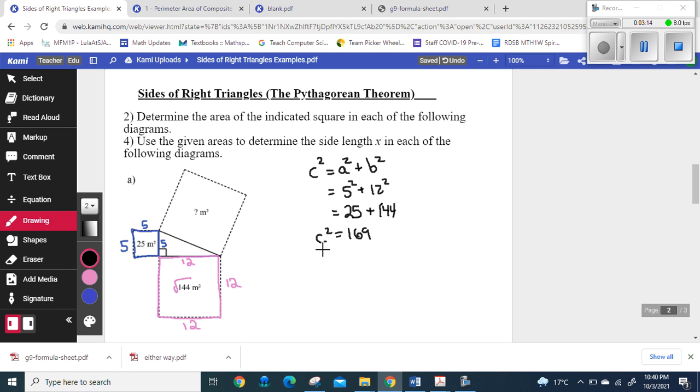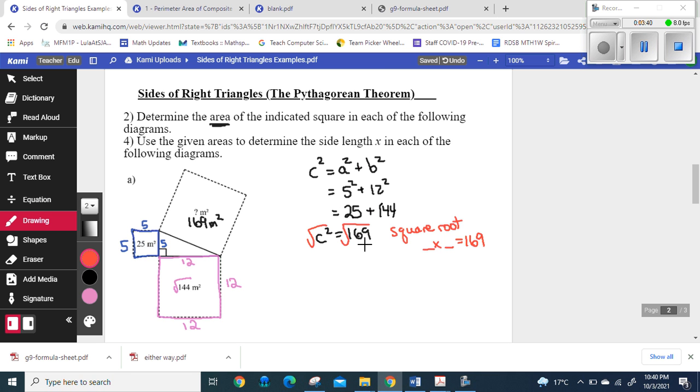So that's the area of the square. That's this whole area here. So there's our first part, finding the area. My area is 169 meters squared. Then to get my side length, to get rid of a square, we need to square root it, which means we're looking for the number that multiplies by itself to equal 169.